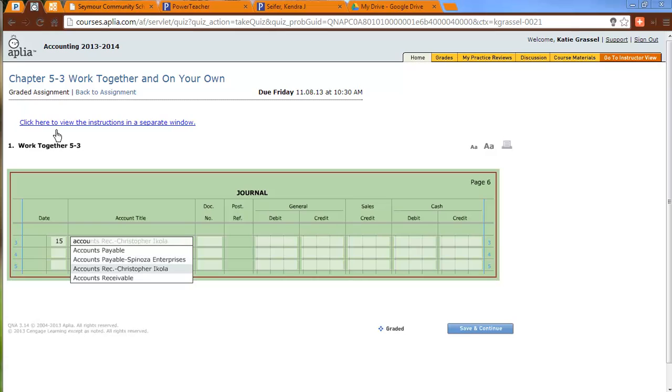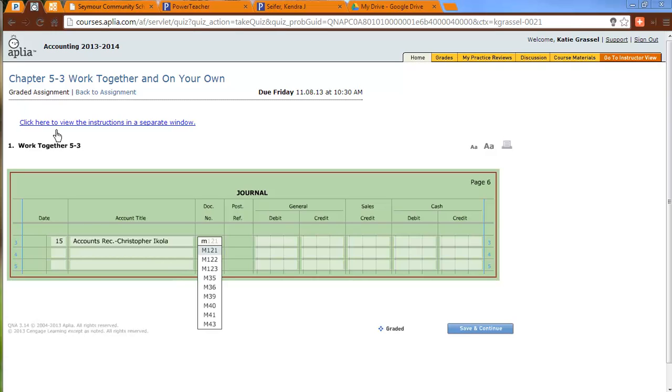So I'm going to do accounts receivable, Christopher Icola. Source document's going to be M121. So here's another example of, oh, we're crediting cash and the source document's not a C. Unbelievable. We're going to have one more in this chapter too. So accounts receivable is going to be debited for $73, and then cash is going to be credited $73.